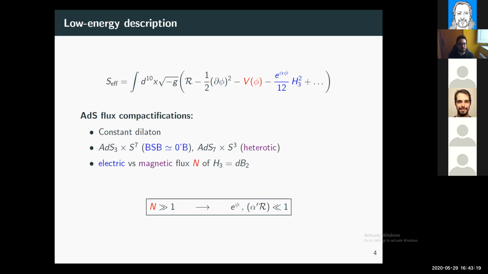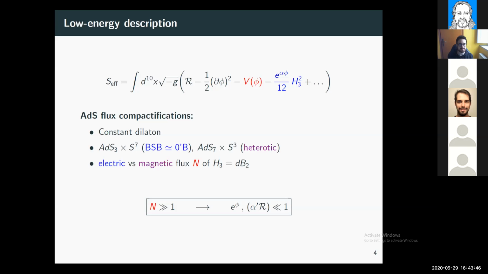So let me move on to explain what these AdS solutions look like. The low energy description of these theories looks like this, and it's pretty much your ordinary run-of-the-mill low energy effective field theory, except again for this exponential potential for the dilaton, which is a key feature of this type of supersymmetry breaking.